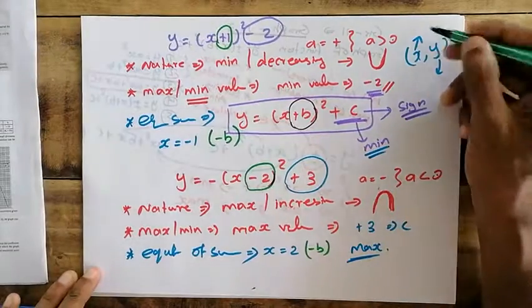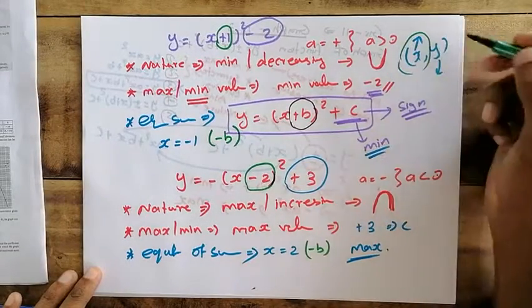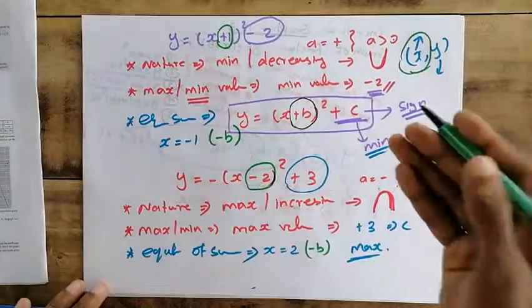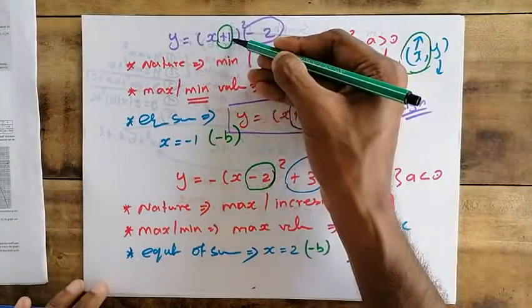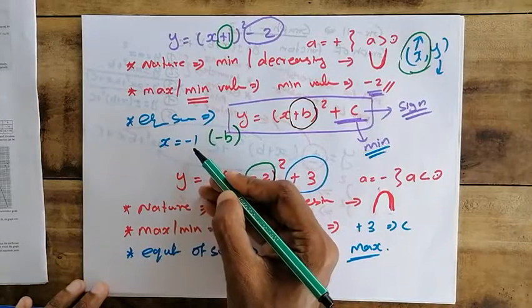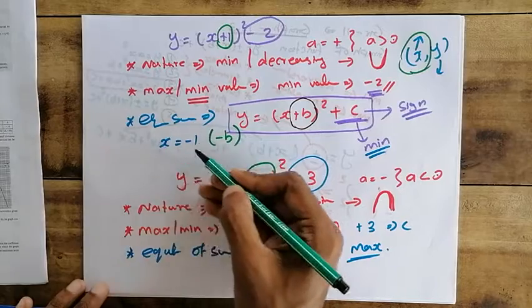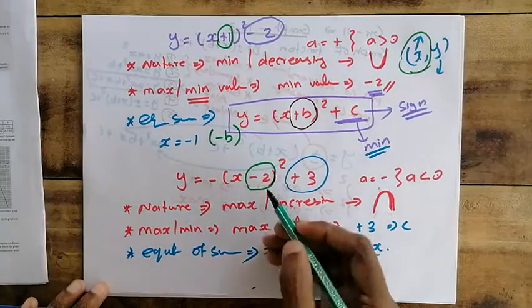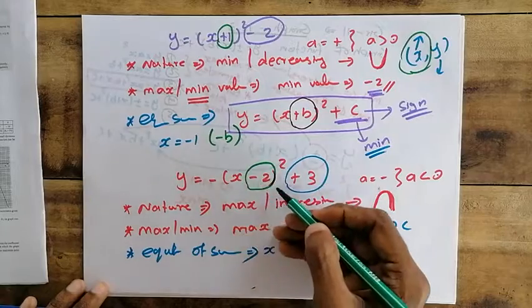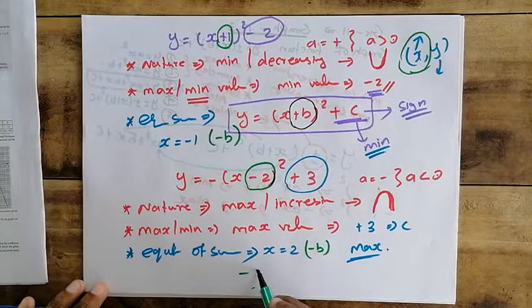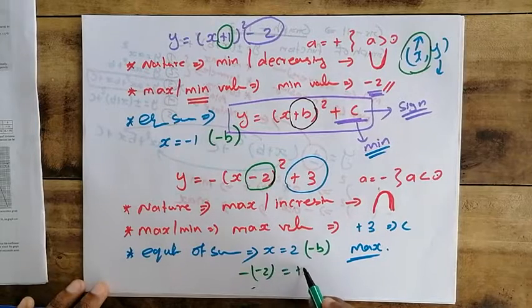The turning point's x coordinate is always the negative value of b. So here we have plus 1, so the negative value is minus 1. So that's why the equation is x equals minus 1. The graph is turning at minus 1. And in the second equation we have minus 2. What is the negative value of minus 2? It's plus 2.